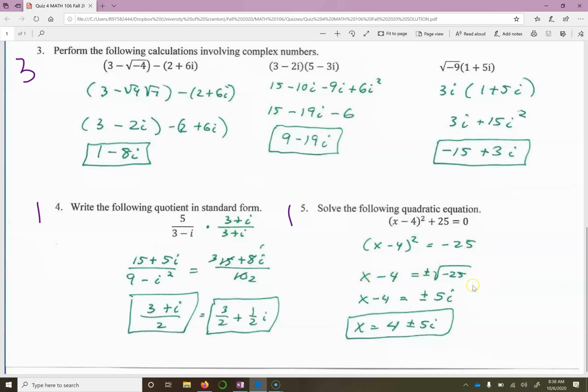And we know the square root of negative 25 is 5i. The solution is simple, 4 plus or minus 5i. I saw a lot of errors in this last one. So when you see a problem where you have to solve a quadratic equation, you're trying to identify the simplest method to get you to the correct answer.